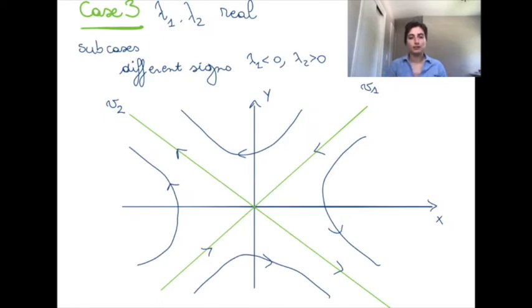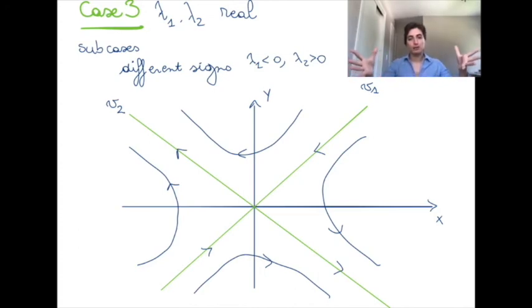Then the third case, lambda 1 and lambda 2 are real. This picture is usually the broadest case. Usually they are real and they have different signs. So lambda 1 and lambda 2 have different signs. I assume that lambda 1 is negative and lambda 2 is positive.